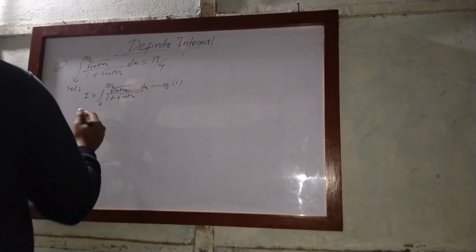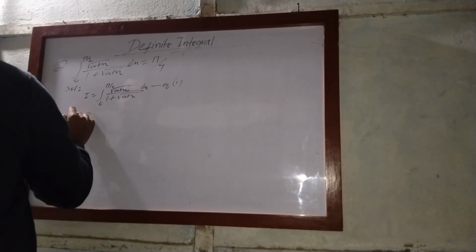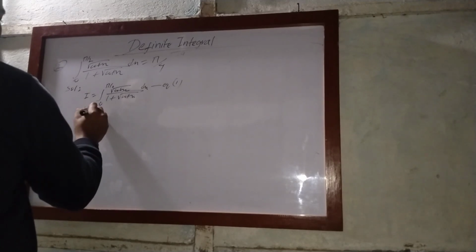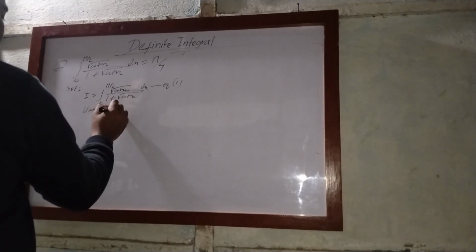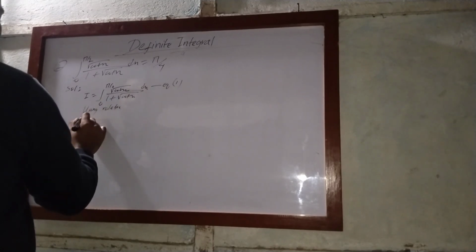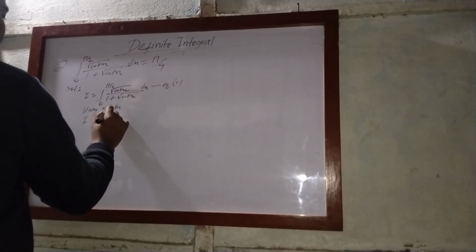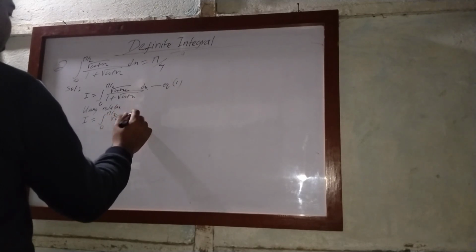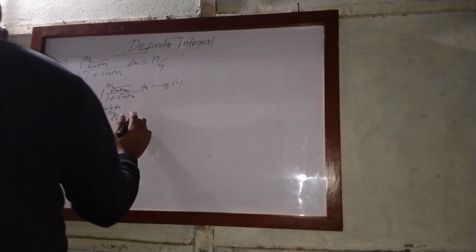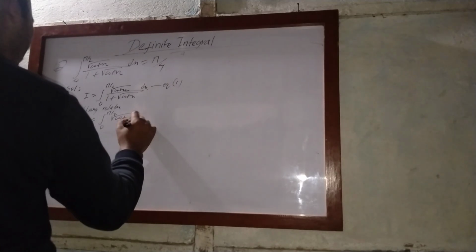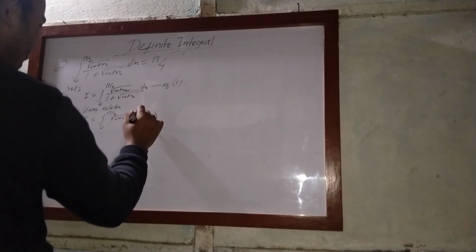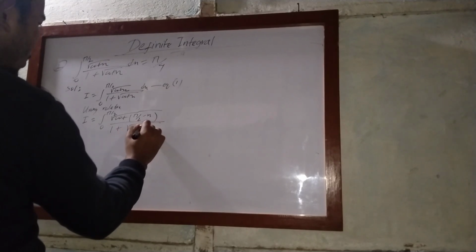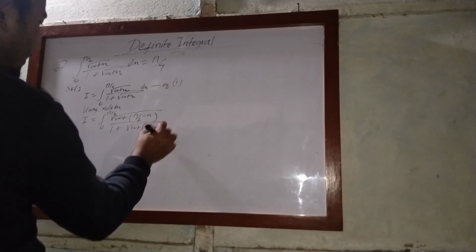Now what can we do? We can change this equation I using the relation we know, that I is equal to the integral from 0 to pi by 2 of root cot of pi by 2 minus x by 1 plus root cot of pi by 2 minus x.